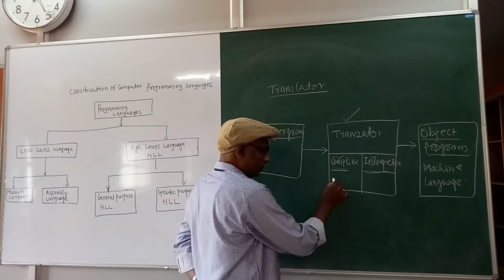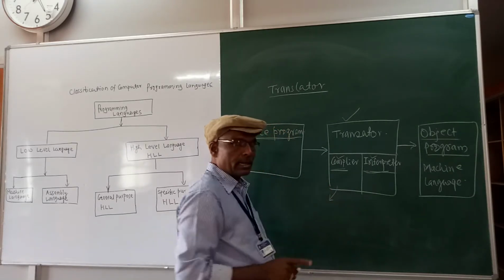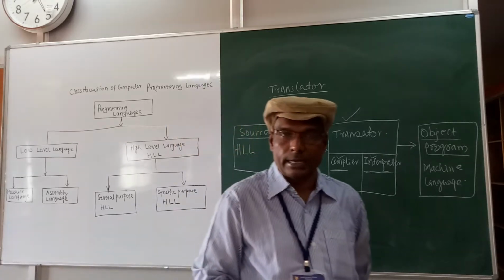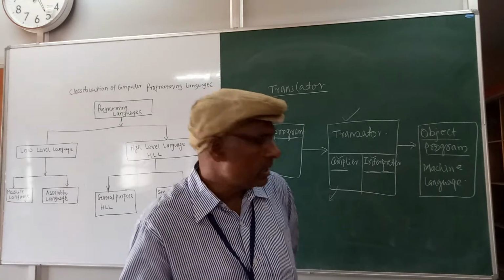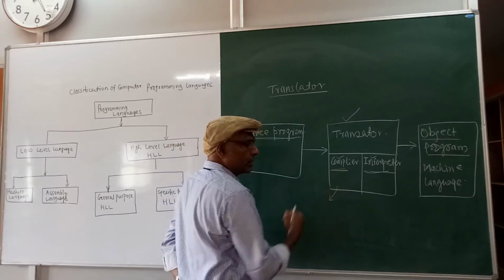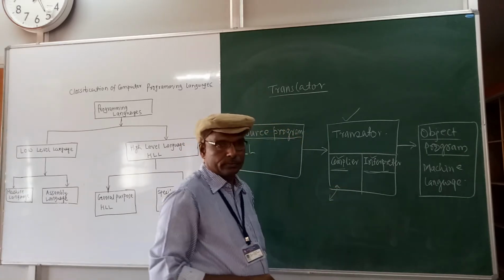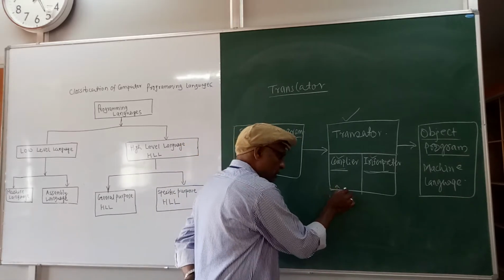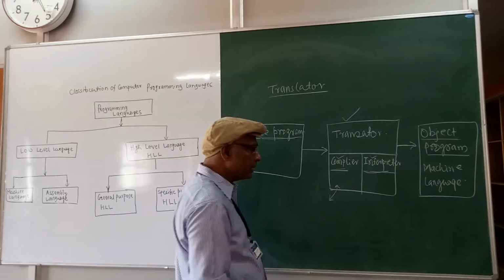If anything is wrong, it will display the error, and this is how we see debug errors in the compiler here. So this is faster, easy to use, and a little costlier.